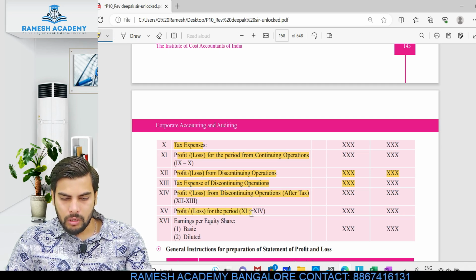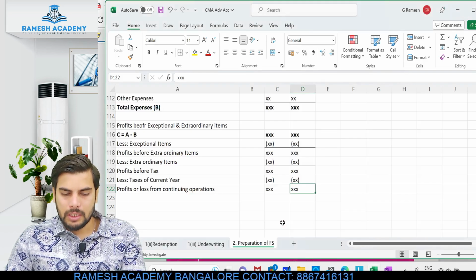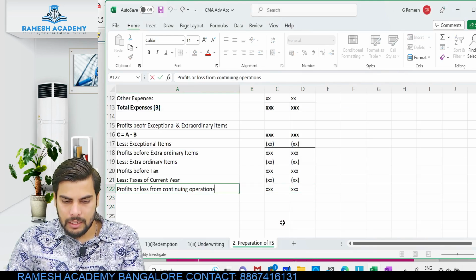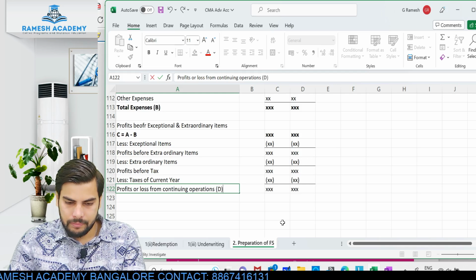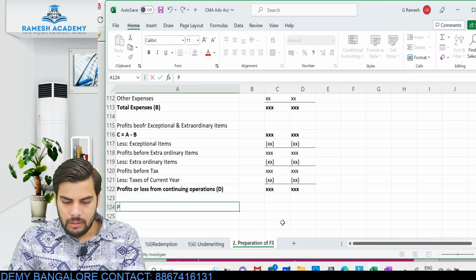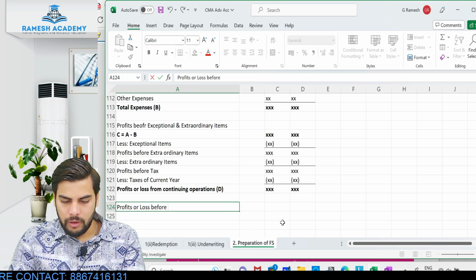So then the total profit, that is profit of the continuing operation and profit of discontinuing operation. Okay, so this is profit or loss from continuing operation. I'll just name it as D. Then profits or loss before tax from discontinuing operation.